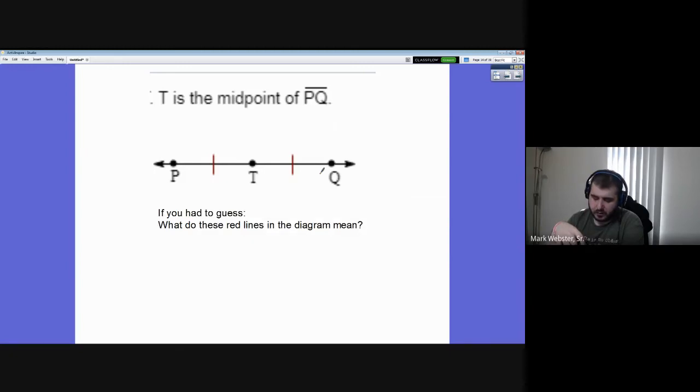You're thinking, okay, well, those are the two parts. But think about this word, midpoint. Midpoint, the middle, right? So if T is the middle, what does that mean about PT and TQ? What are they going to be?